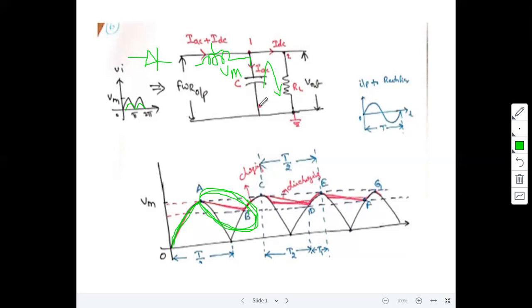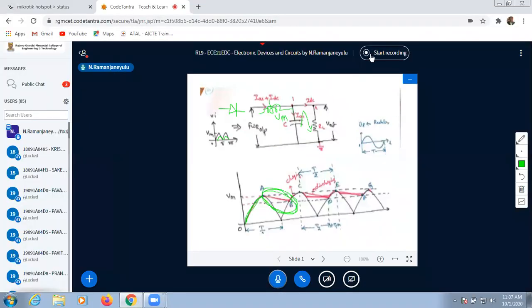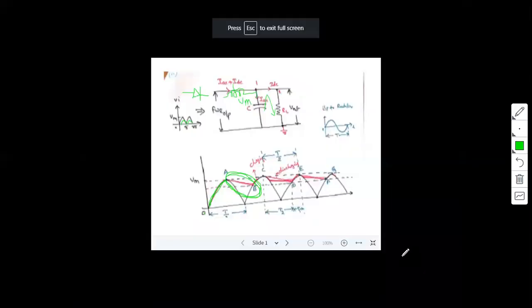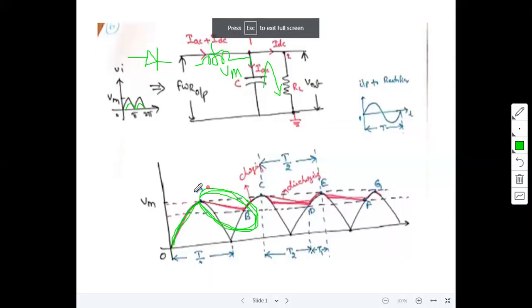That is the problem. When the current is discontinued, some back EMF is produced in the inductor.